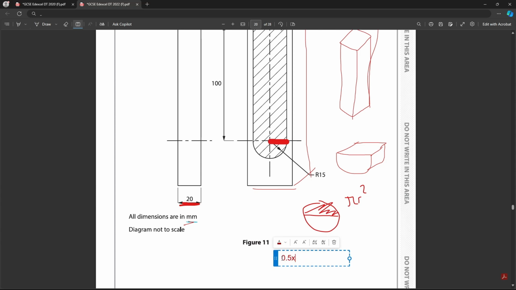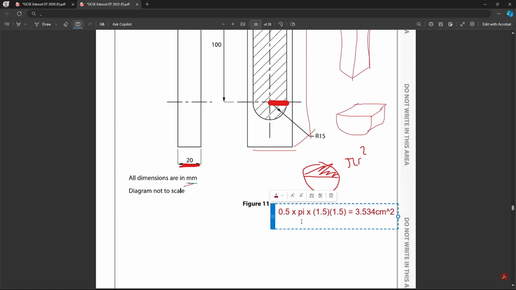So 0.5 times pi times r squared. R is 1.5 in centimeters, which we can just do as 1.5 times 1.5. That's what squared means. This is going to be the surface area, and that in my calculator gives 3.534, leaving some decimal places in there, centimeters squared.